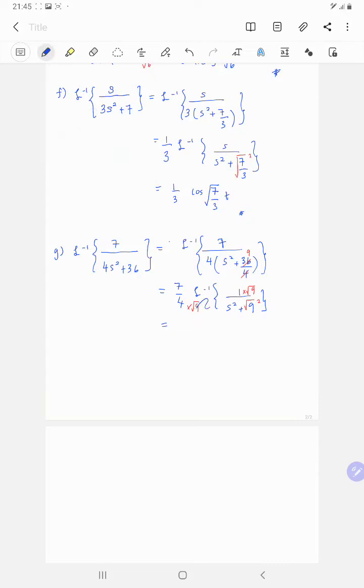square root 9, we know this is 3, so 4 times 3, you get an integer. Square root 9 is 3, so 3 times 4, 12. So Laplace inverse, square root 9 is actually 3. This is sine 3t.